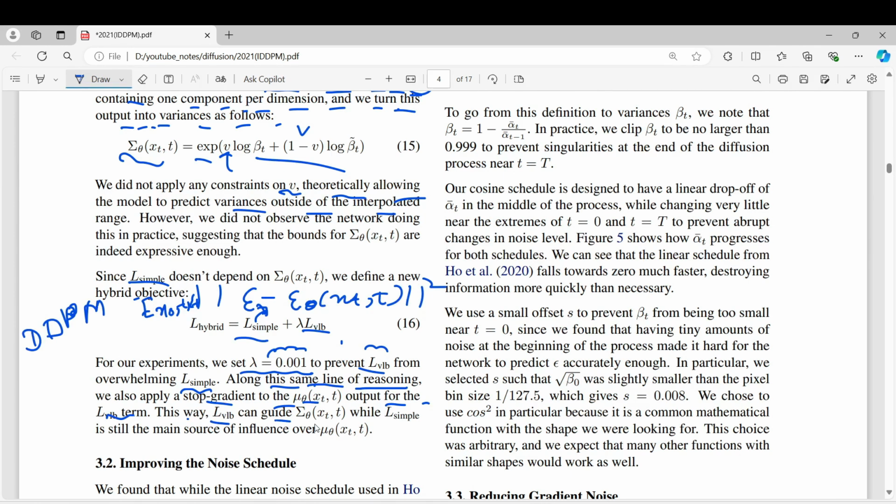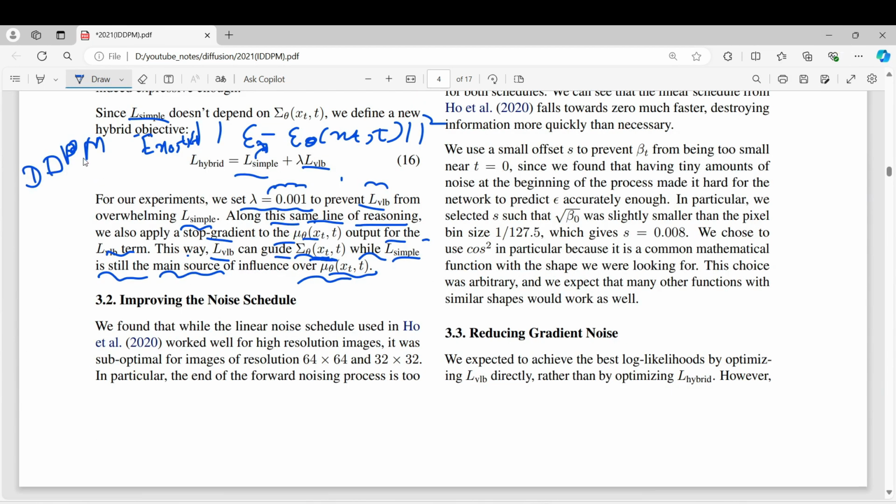This way L_vlb can guide us to learn the variance, while L simple is still the main source of influence over mu theta of xt comma t. L_vlb will not affect mu theta, and the main source of that will be the L simple loss.